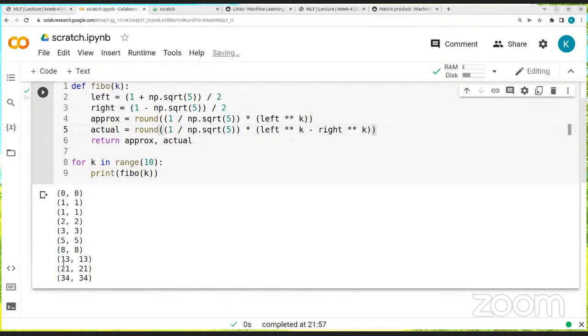Okay, so this approximation itself is good enough, is it? That's what it seems, right? Seems like.